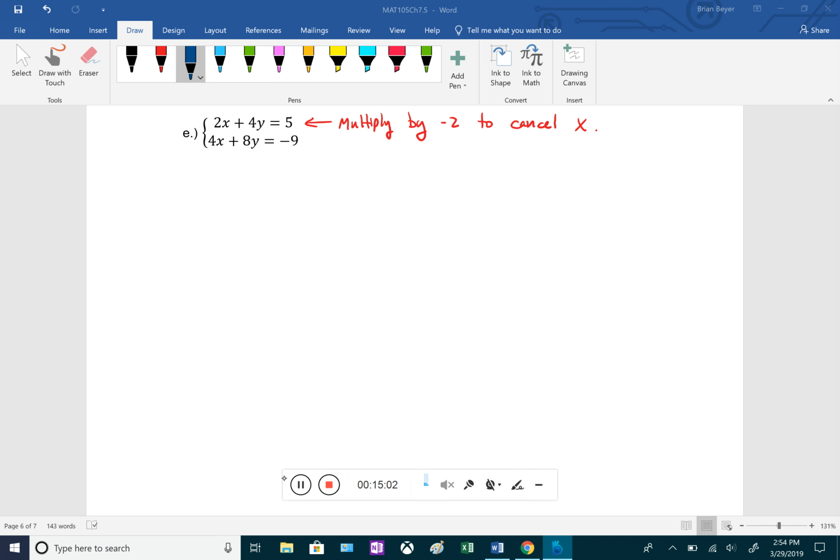So when we do that, it's going to be 2x plus 4y equals 5, multiplying that whole thing times negative 2. And that's going to end up giving us negative 4x minus 8y equals negative 10.